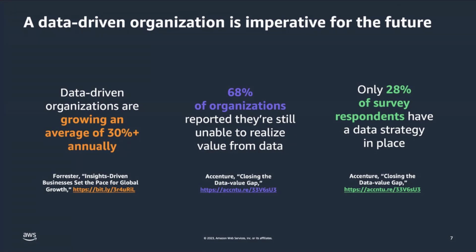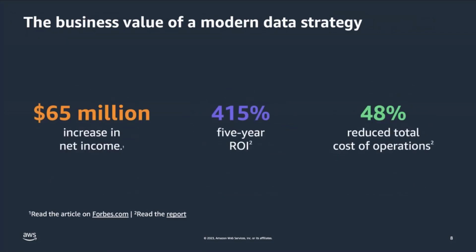Now, what's at stake here in terms of actually succeeding in this mission of implementing a modern data strategy? In a report by Forbes, it was noted that $65 million is the increase in net income by company, and that's only within enterprises that make use of 10% of the data that they have available to them.